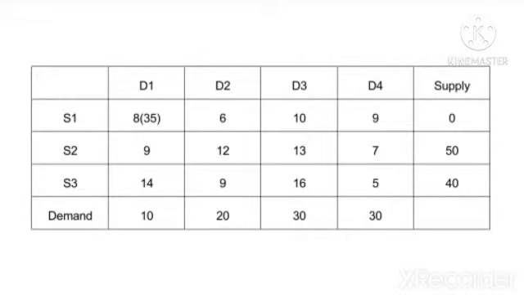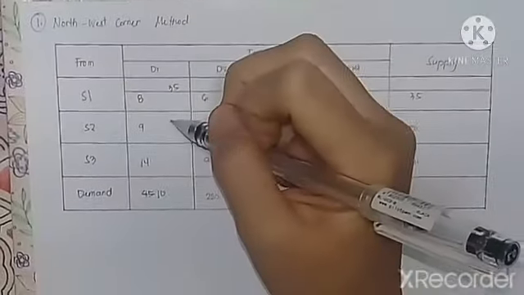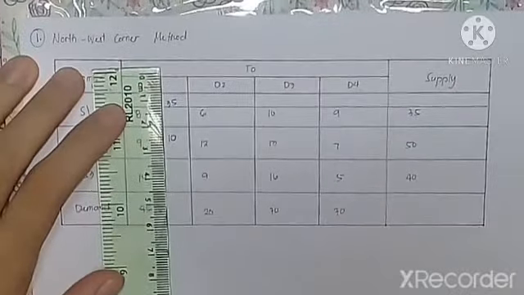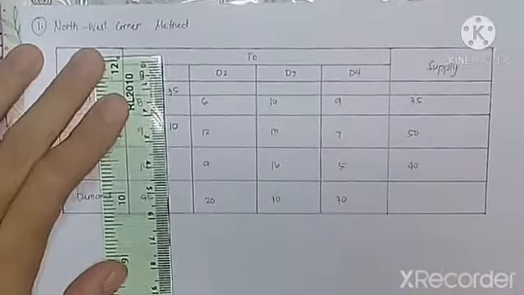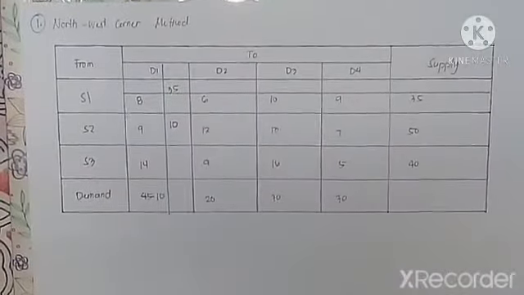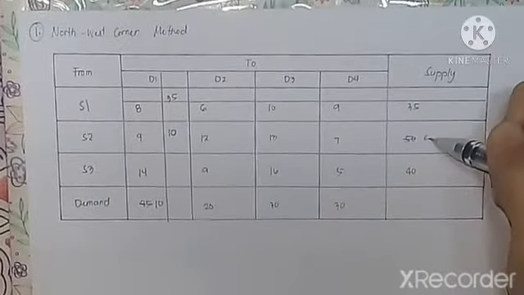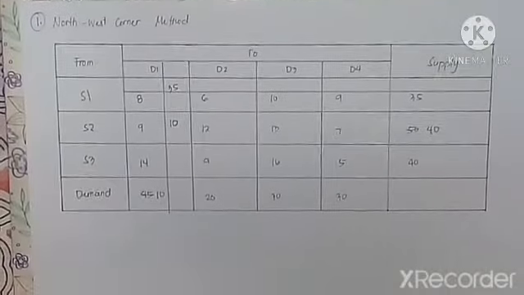Let's continue to the next cell. Here the demand is 10 and the supply is 50, and 10 is the least unit. The first column meets the complete demand of D1 and leaves 50 minus 10 equals 40 units with S2.